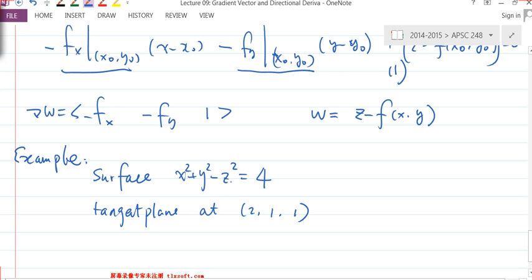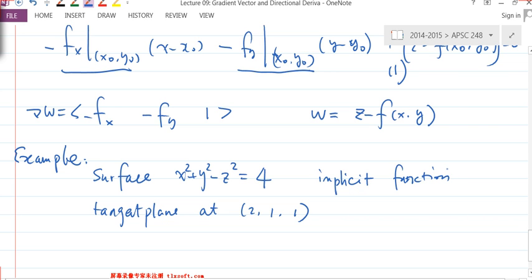Remember the previous ones we've always seen were z equal to something. But in this case, there's x squared plus y squared minus z squared equals 4. It's not in the format z equal to something. But it's still a surface. This is basically what we call an implicit function.